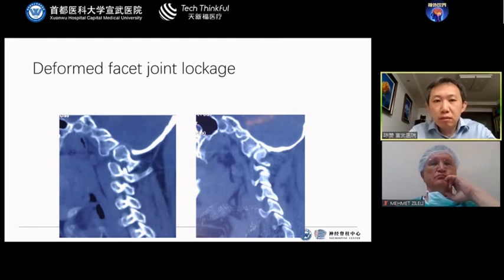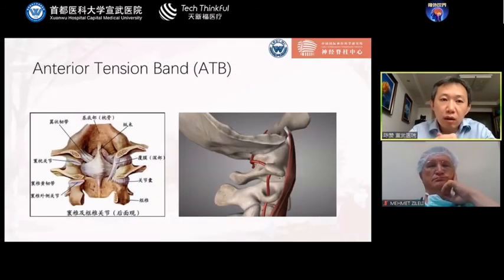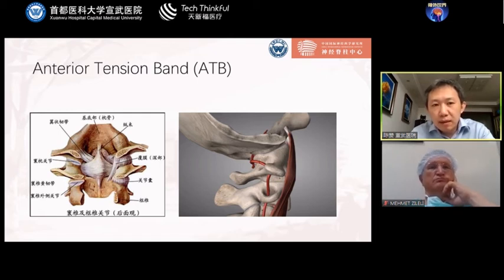There are some difficulties in separating the facet joint because the facet joints are always deformed and locked together. And second, there are a lot of ligaments and muscles anterior to C1 and C2, and we call it the anterior tendon band.